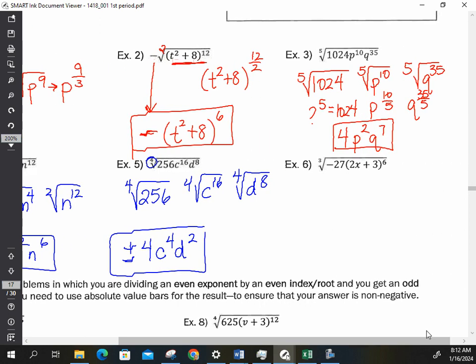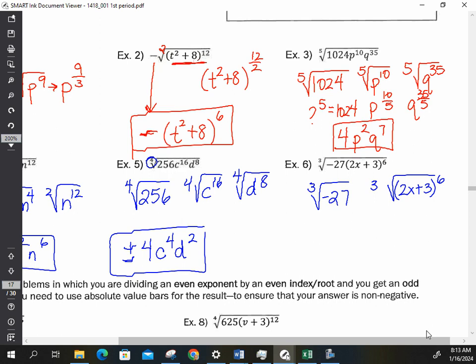And let's do one more before we add another wrinkle into this. 3rd root of negative 27, 2x plus 3 raised to the 6th power. So once again, we're going to go ahead and simplify and separate it. The root of negative 27 is what raised to the 3rd power gives you negative 27.